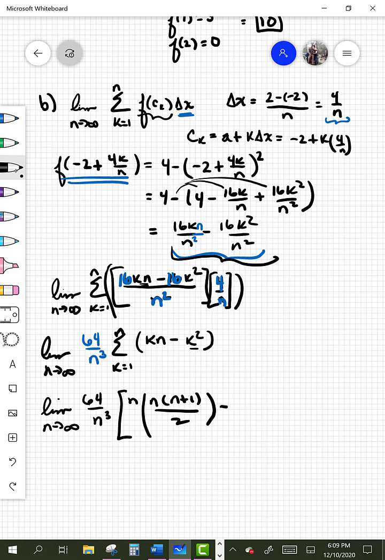Minus, and now the summation of k squared is n times n plus 1 times 2n plus 1 all over 6.